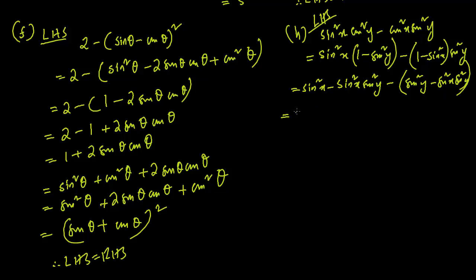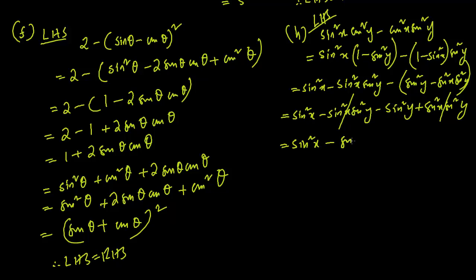If you open the bracket, it would be sine squared x minus sine squared x sine squared y minus sine squared y, and this minus becomes plus sine squared x sine squared y. So this thing and this thing cancel, and the answer is sine squared x minus sine squared y. And this is exactly what we had to prove. So left hand side is identical to right hand side.